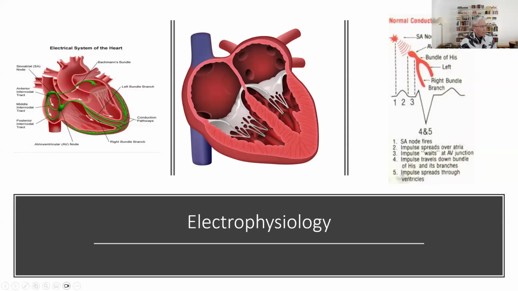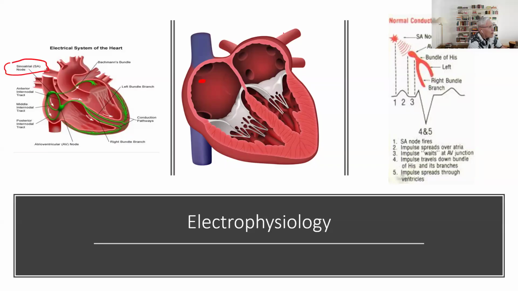So I have here a figure or a diagram of a heart, and I'm going to point out the most important areas of the electrical conduction system. Let's begin with the sinoatrial node.